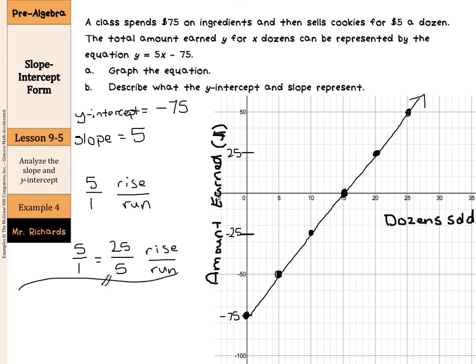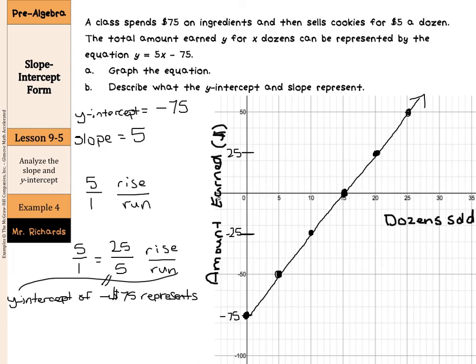Now, part B asks us to describe what the y-intercept and slope represent. Well, let's start with the y-intercept. Now, the y-intercept of negative $75 represents, well, what? If we look at the question, it says a class spends $75 on ingredients and then sells.